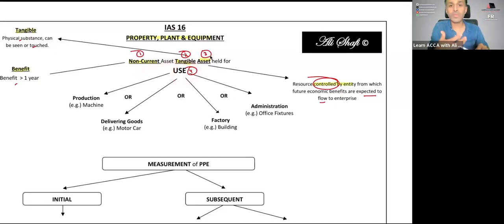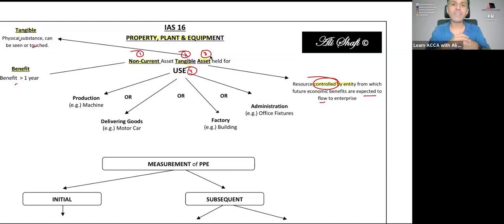It's been kept in my business to provide me with the benefit of service. By using this laptop, I am generating the benefits, conducting the courses. So when all 4 parts of the definition are satisfied like a checklist, it is surely property, plant, and equipment to my business.